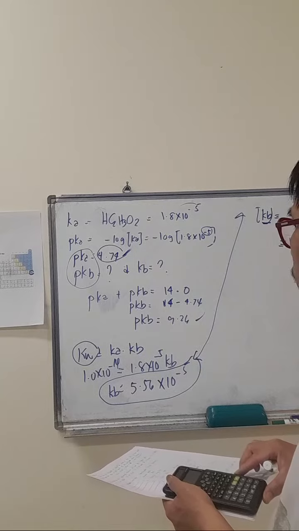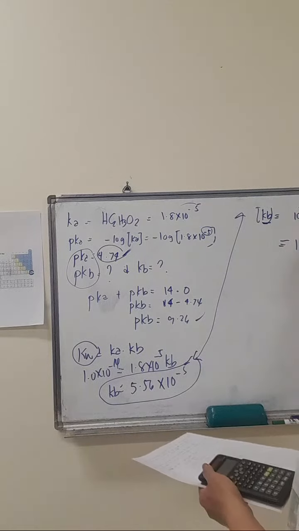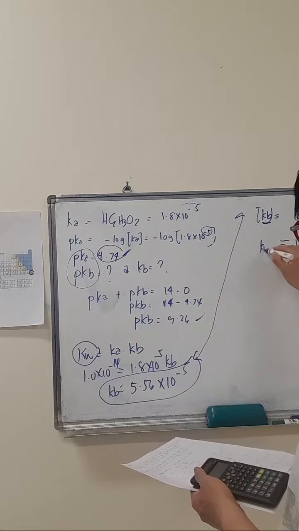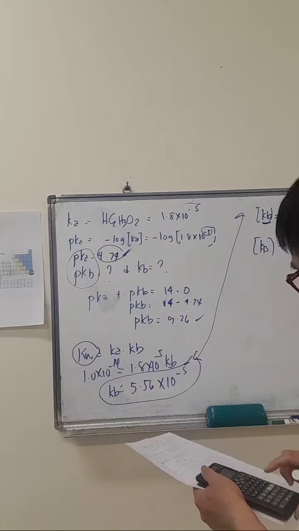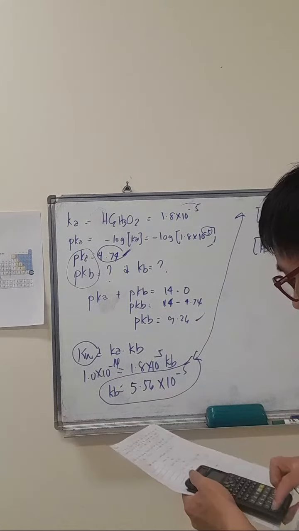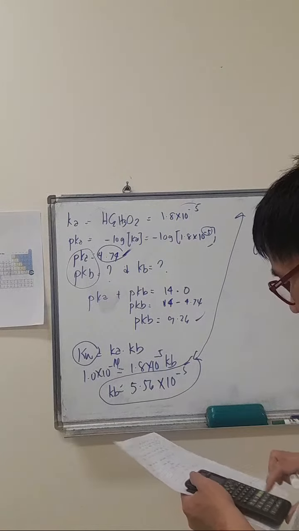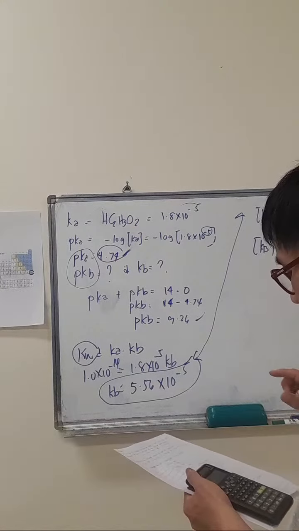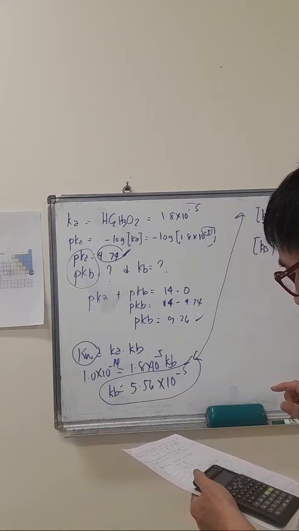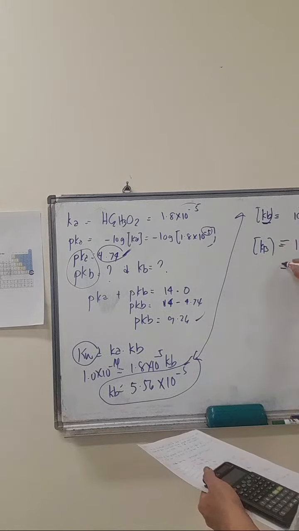It's already solved: 9.26, so negative 9.26. Kb is 10 to the negative 9.26, which is equal to 5.55 times 10 to the negative 10. So it's equal.